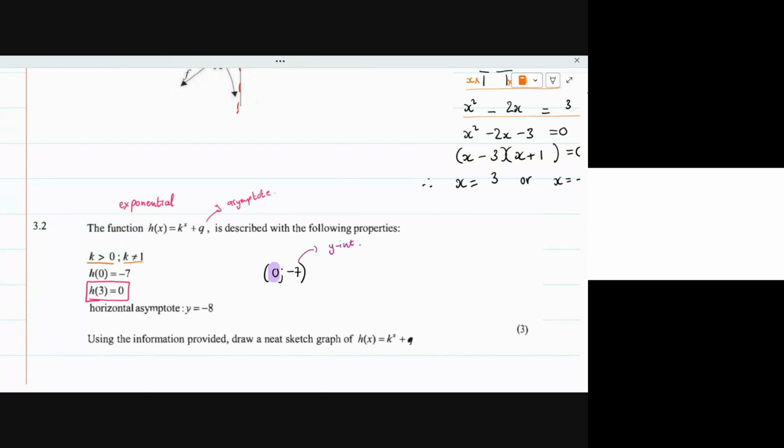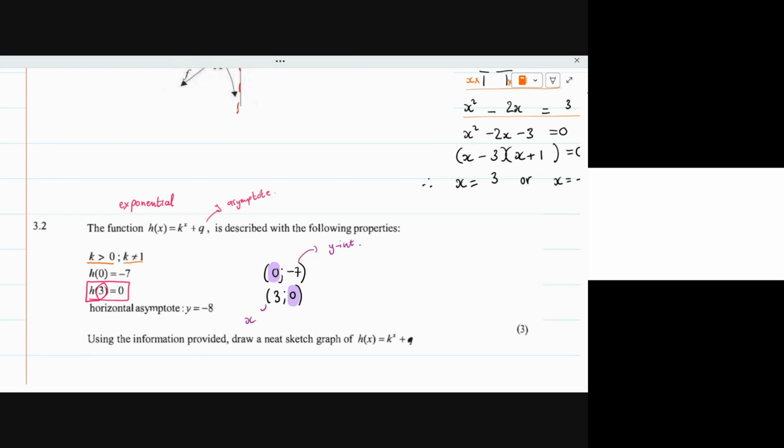I've taken my x value and replaced it with 3, and my y value came out as 0, so my coordinate will be 3, 0. What does that tell me? X-intercept. Beautiful, good. This is our x-intercept because our y value is 0.